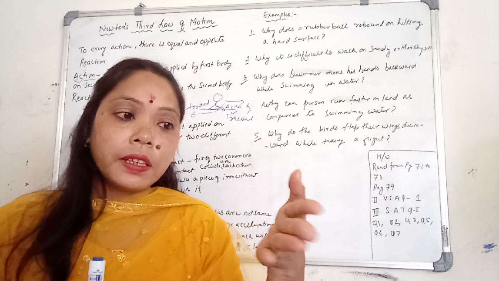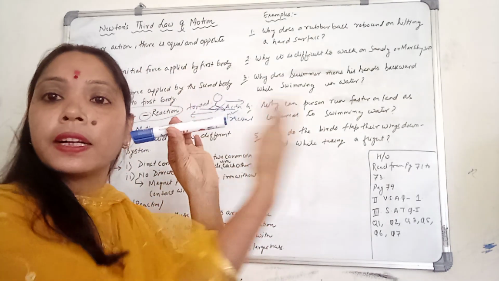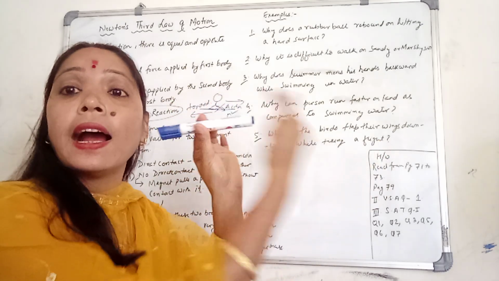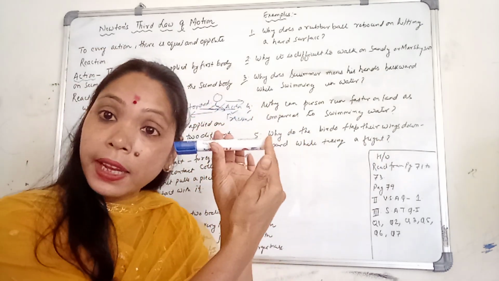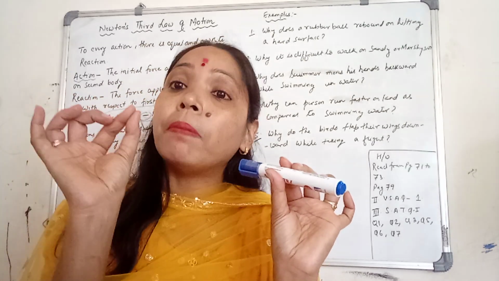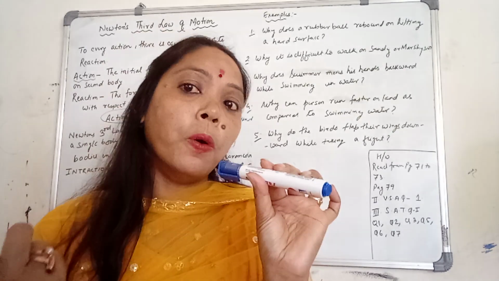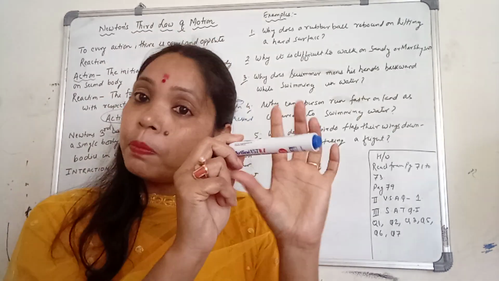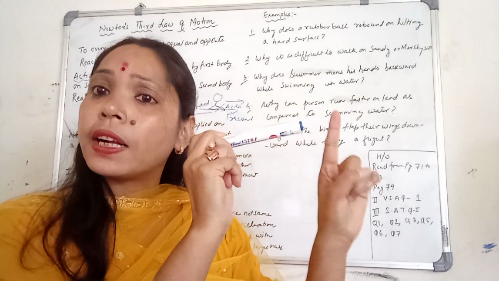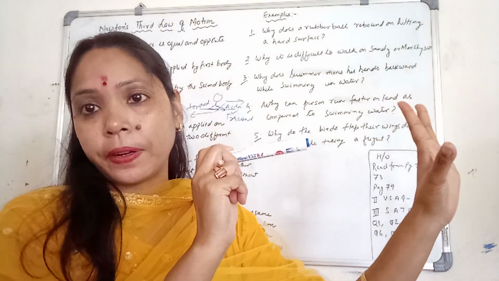Suppose this is the bullet, this is the gun. The bullet leaves the gun with a very large acceleration. Why? Because the bullet's mass is less. If the mass is less, acceleration is more. So the bullet always leaves the gun with a larger acceleration.